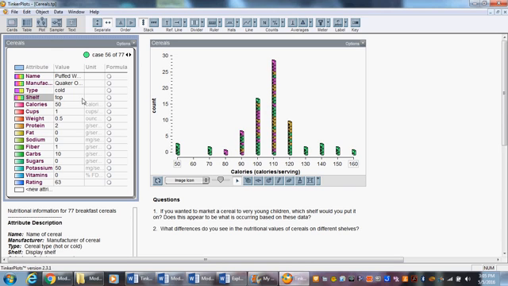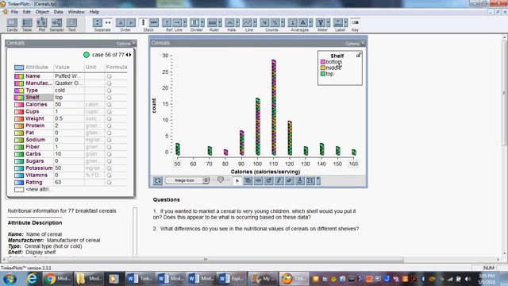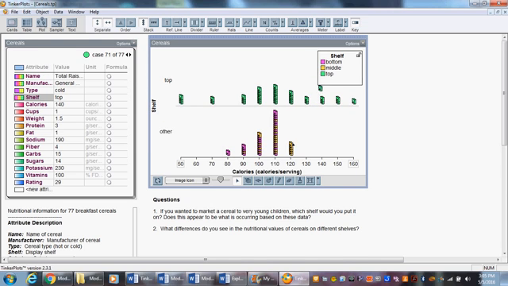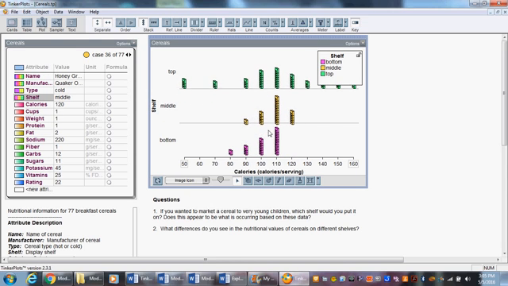If I turn on the key here, the bottom shelf is pink, the middle shelf is orange, and the top shelf is green. And if I drag these up to fully separate the cases vertically, right now it's in two bins, but if I keep dragging it, we have the bottom shelf, the middle shelf, and the top shelf.